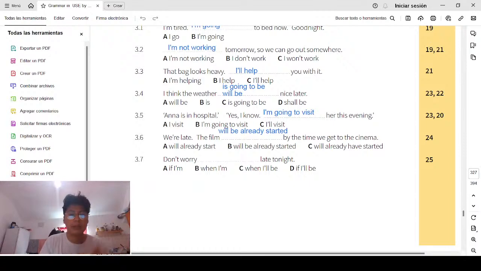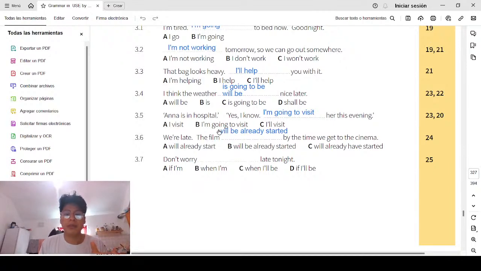The film is an object. It's not a subject, right? So the sentence will focus on the object. And what is the structure of the passive voice? Passive voice is an object plus verb to be plus past participle.